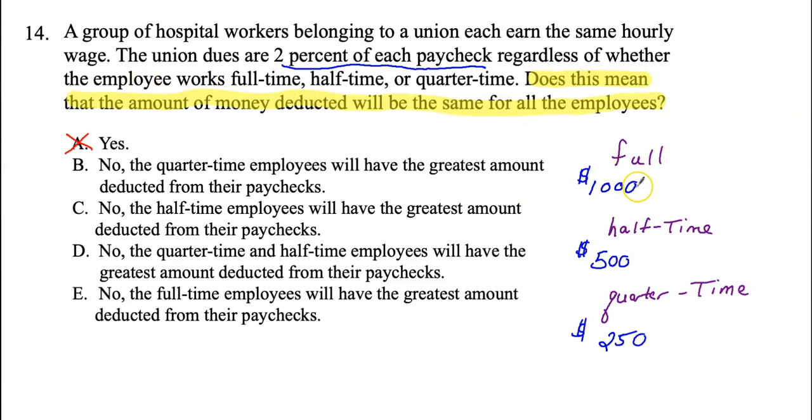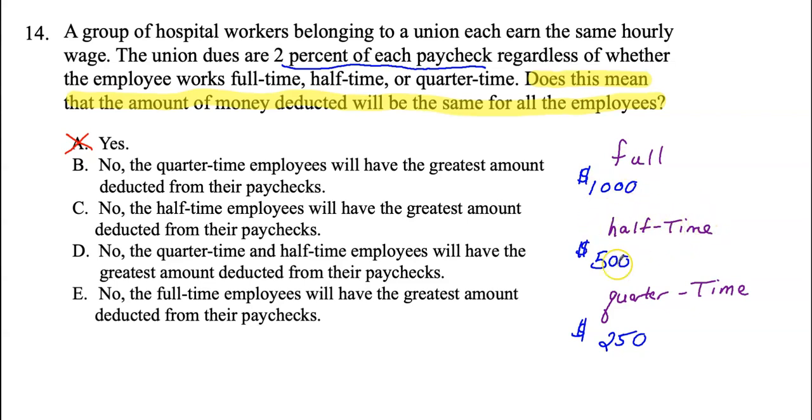But let's say you made up a different number like $10,000. You can put really whatever you want for the half-time employee, just so long as it's less than this number. And you can really put anything you want for the quarter-time employee, just so long as it's less than this number. So in short, the full-time employee makes the most amount of money.